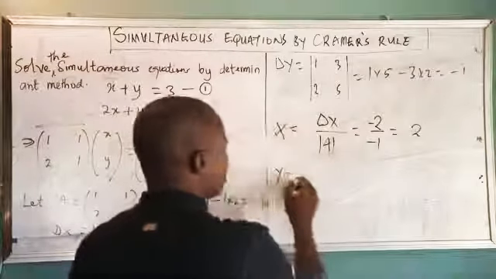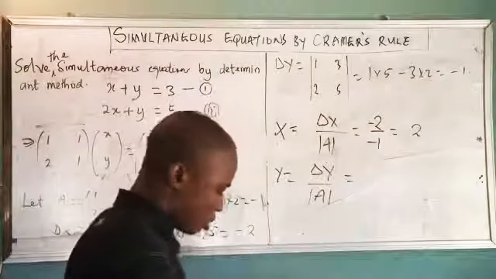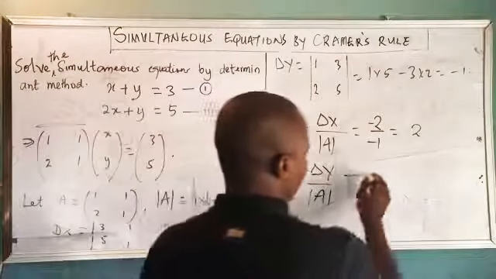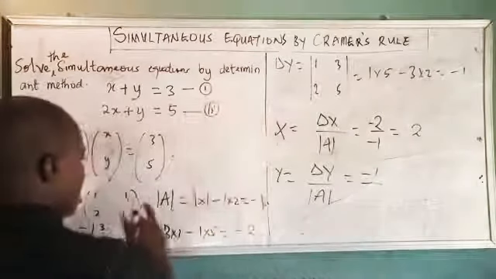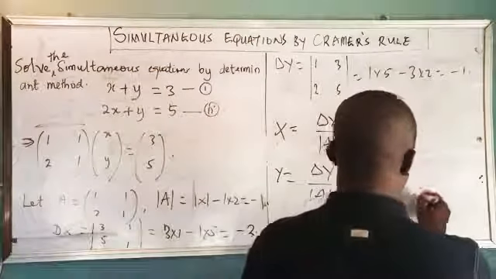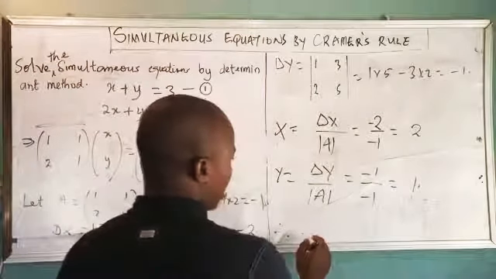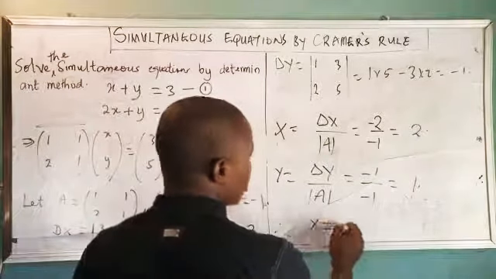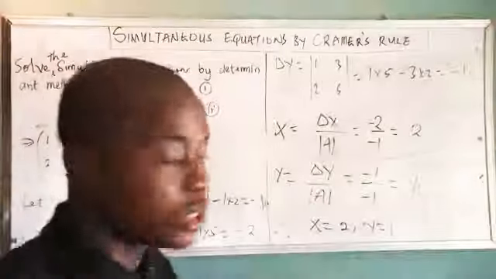Now y will be dy over the determinant of A, which is minus 1 over minus 1, so you have 1. Therefore, we have the values X equals 2 and Y equals 1. And that is the solution to the problem.